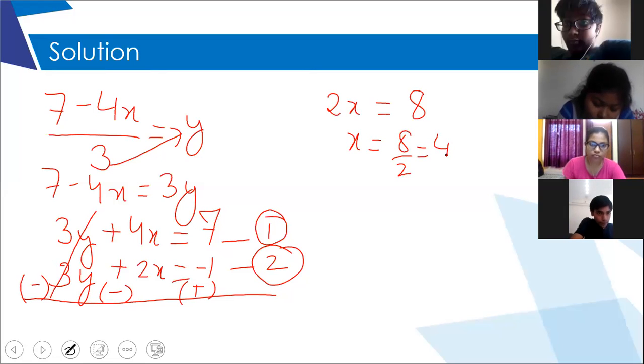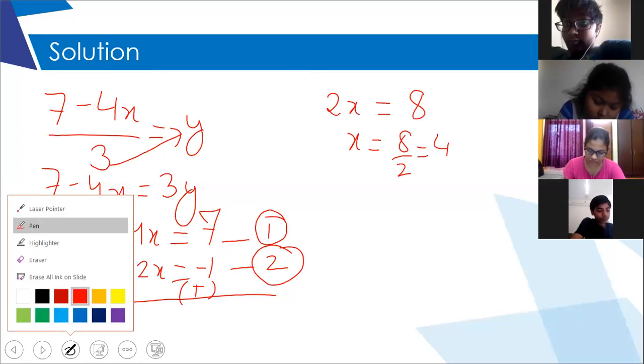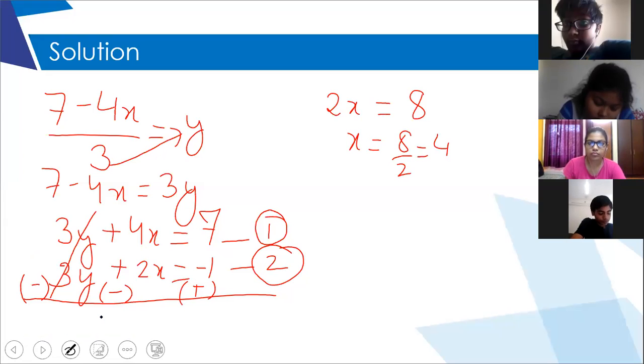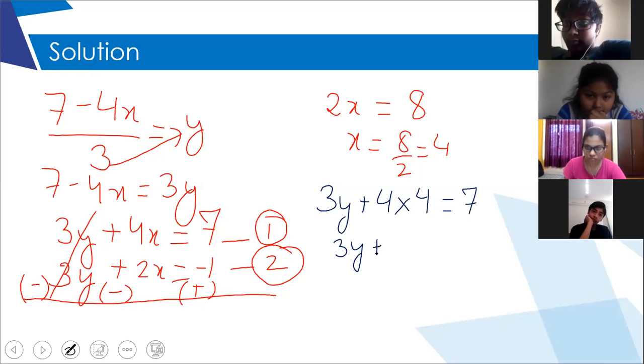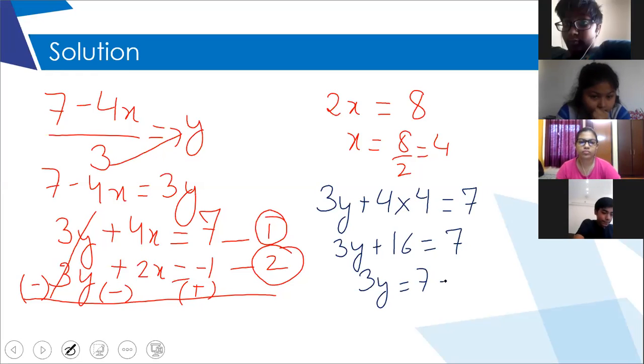Now I will put this value in equation number 1. So I will get, for y I'm going to solve now, 3y plus 4, in place of x I'm going to put 4, is equal to 7. 3y plus 16 is equal to 7. 3y is equal to 7 minus 16. 3y is equal to, what is 7 minus 16?